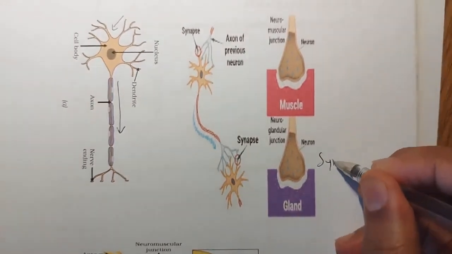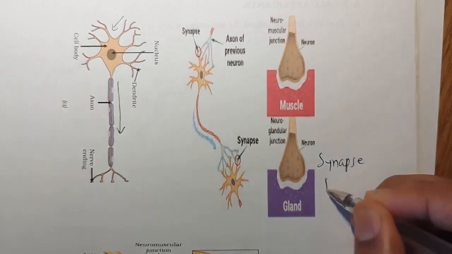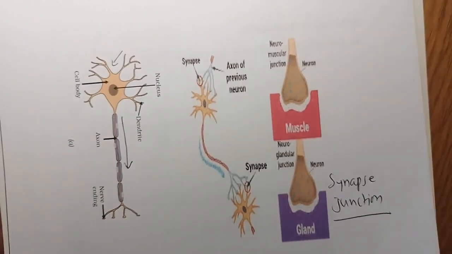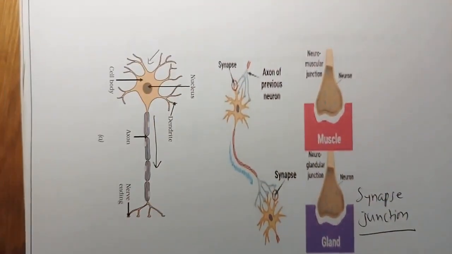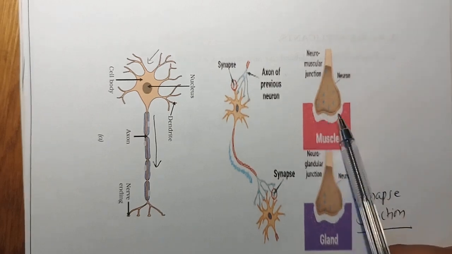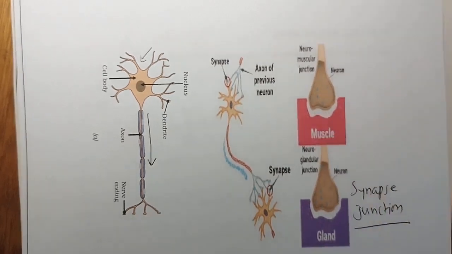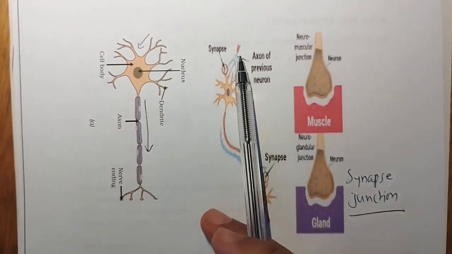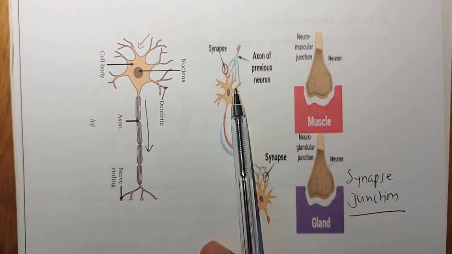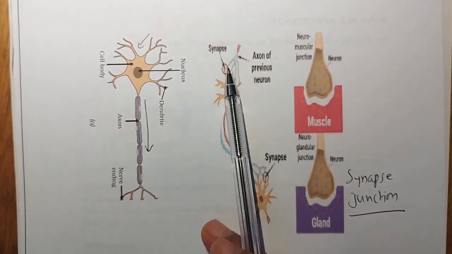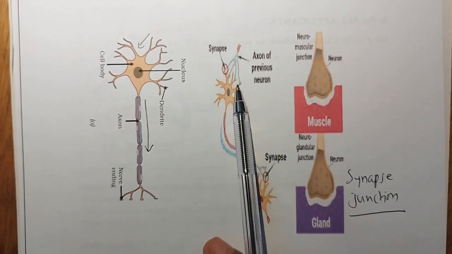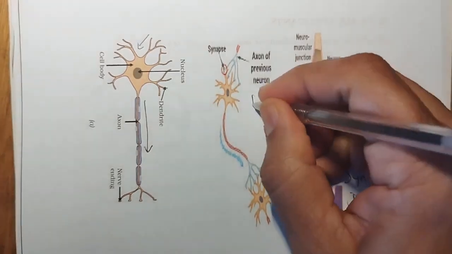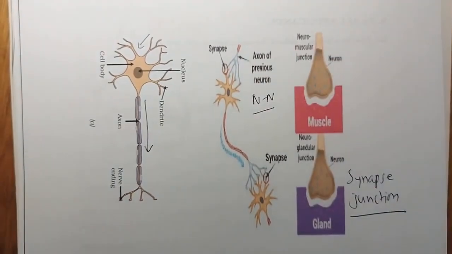So this is called a synapse or junction. These are the medical or scientific terminologies for the joining or connecting of two structures. Now a nerve synapsing with another nerve, so axon branches synapsing with the dendrites, is a neuronal synapse.